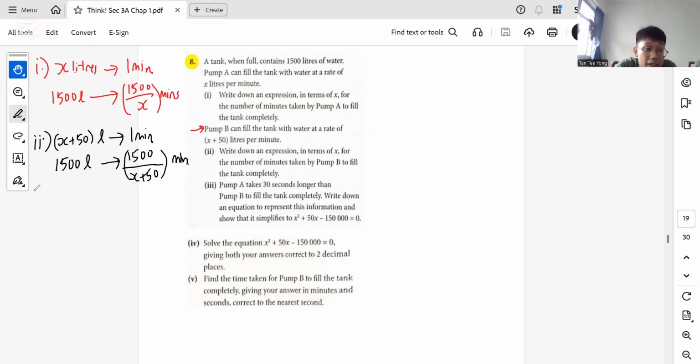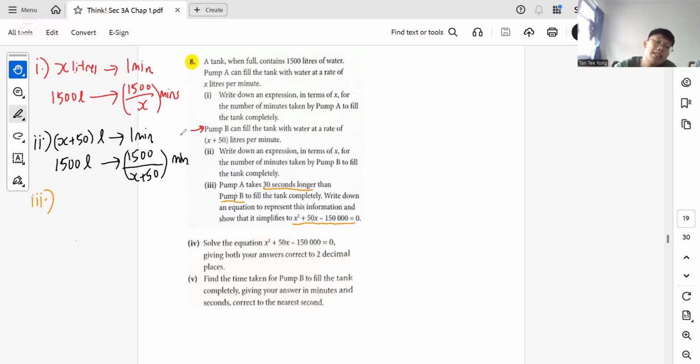Okay, next part 3 in orange. Pump A takes 30 seconds longer than pump B. Write down an equation to represent this information and show that it simplifies to this equation.